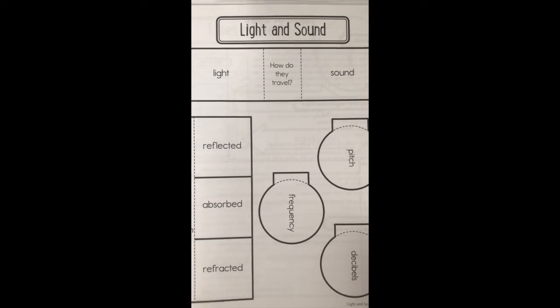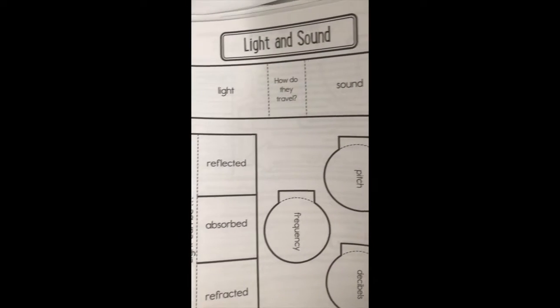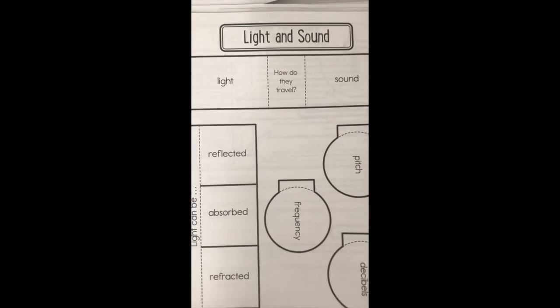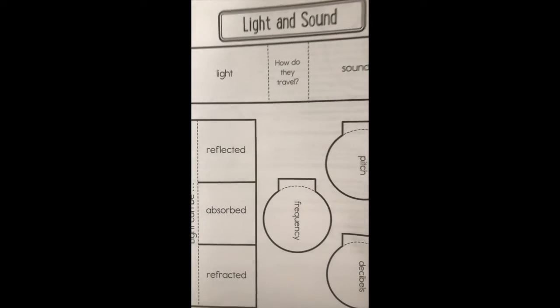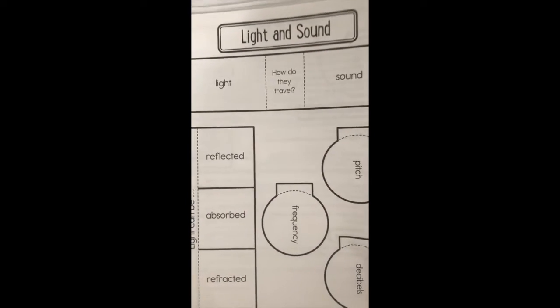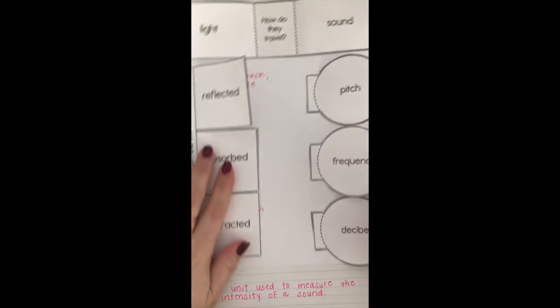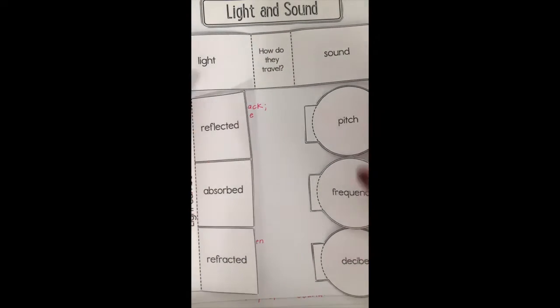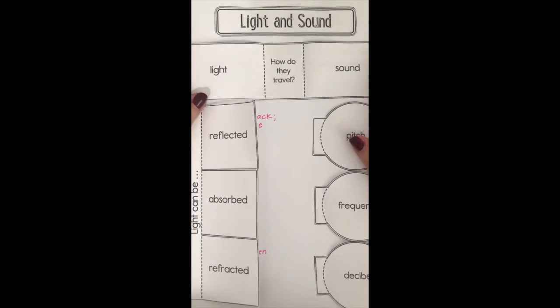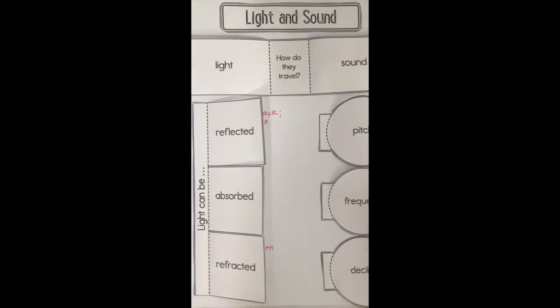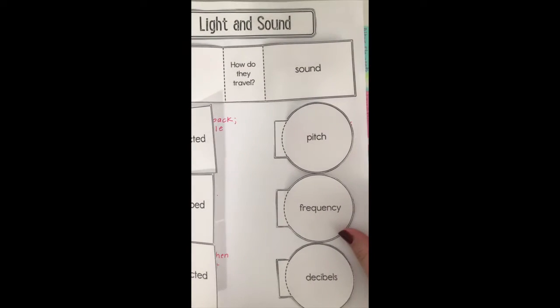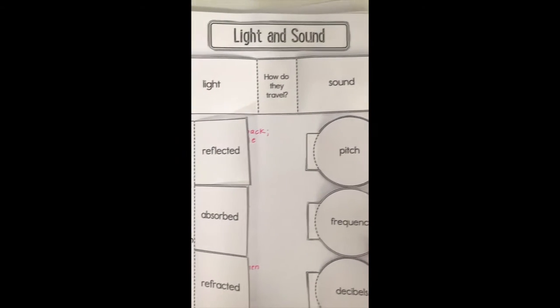So you received a paper that looks like this. And what you want to do is cut out all of the images so that it ends up looking like this. So we're not paying attention just yet to what goes under them, but if you want to pause the video, this is how they should be cut and glued.